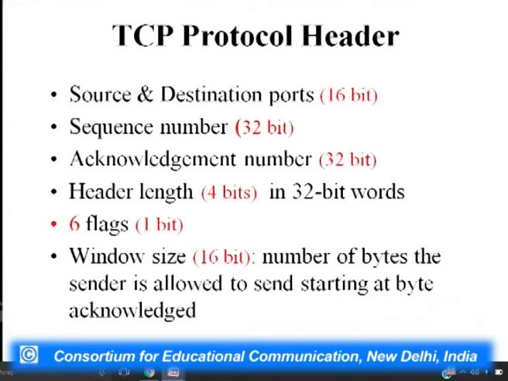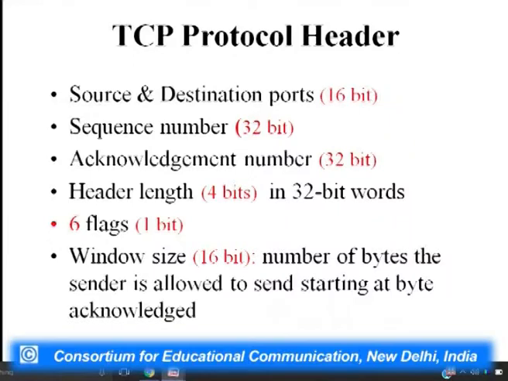Say header length is 8. What does 8 mean? 8 means there are 8 32-bit words. The first word consists of 32 bits, the next word consists of 32 bits, and so on. If I have such 8 words, that means how many bits? 32 into 8. That will be 2 raised to the power 5 into 2 raised to the power 3, that is 2 raised to the power 8, which is equivalent to 256.